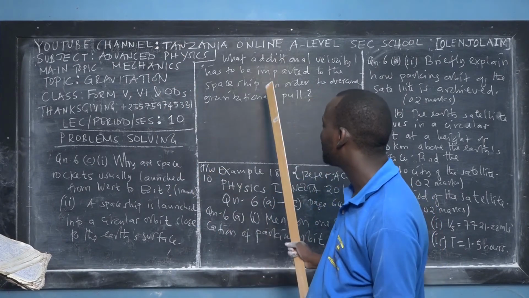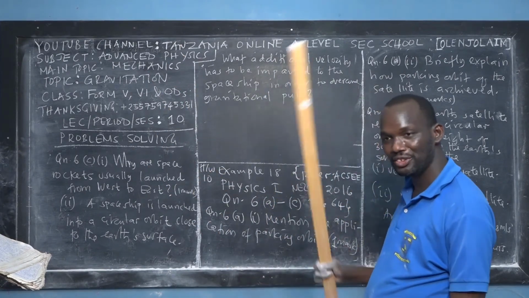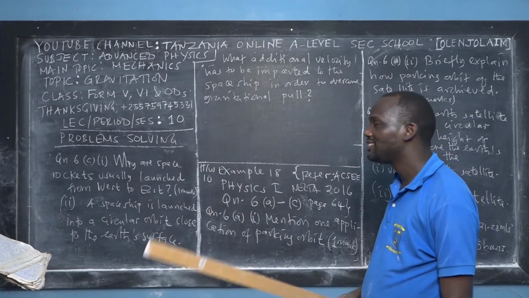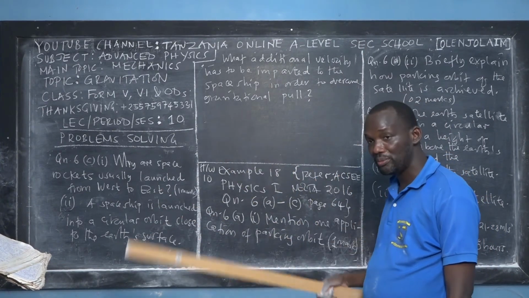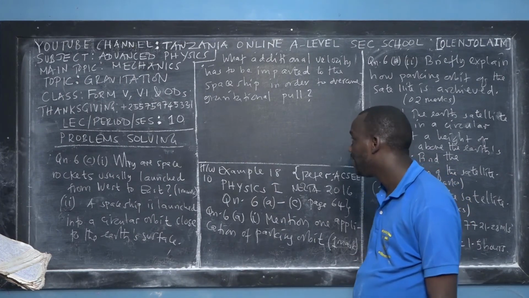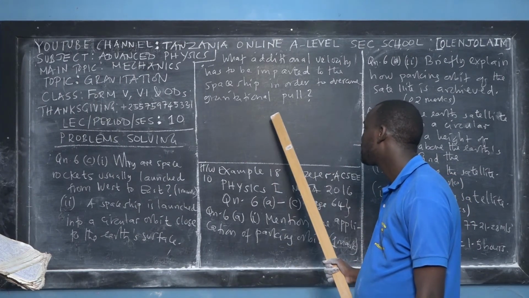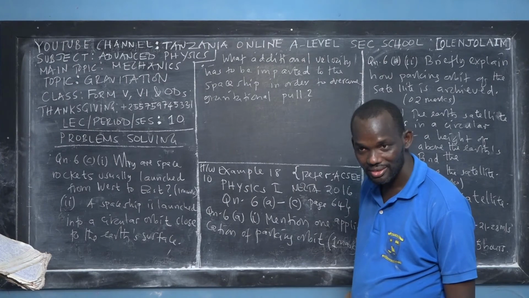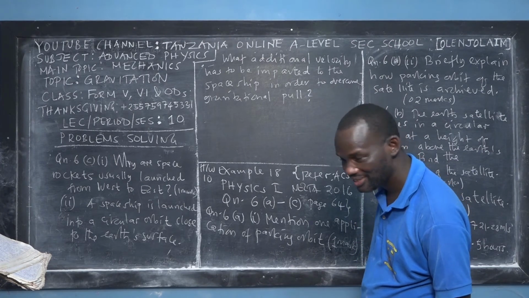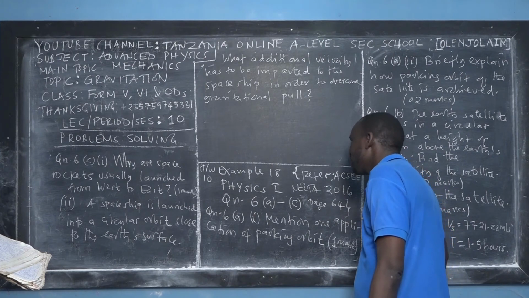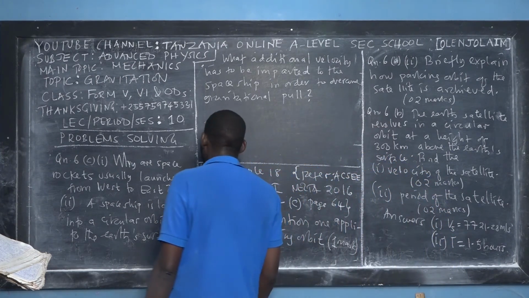Because escape velocity is the minimum initial velocity required by a body to be removed completely from the Earth's gravitational pull. Didn't I teach you escape velocity? I told you. So let me give you the response, because we calculated it.